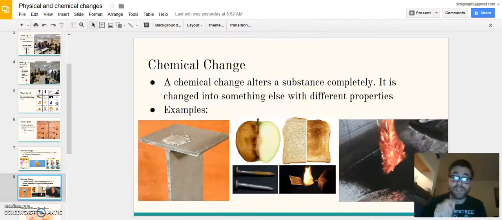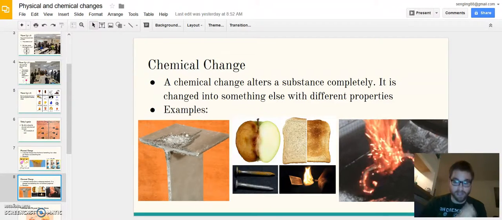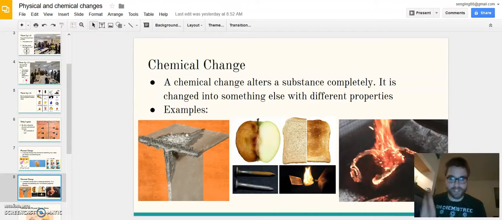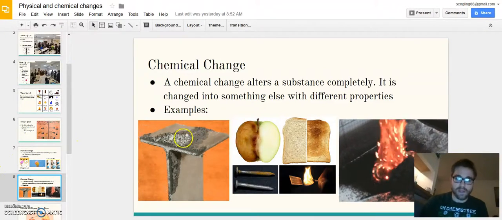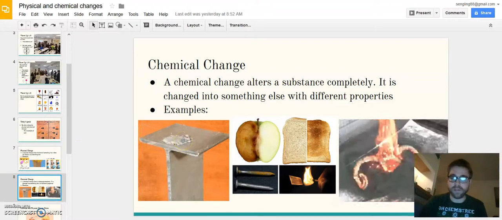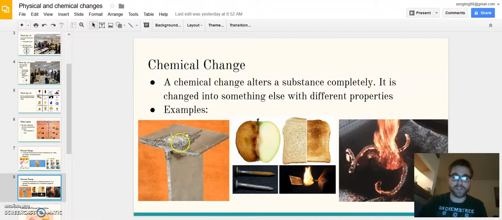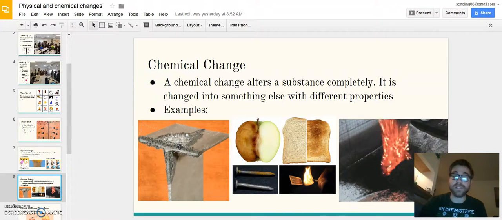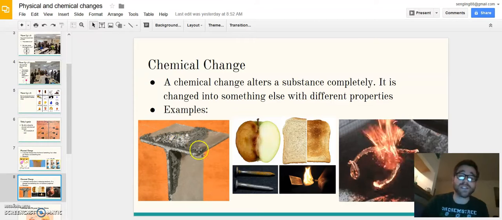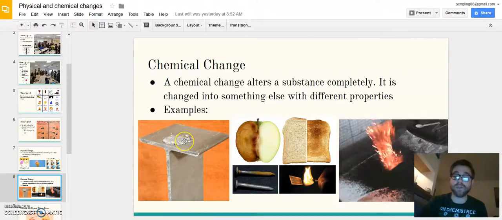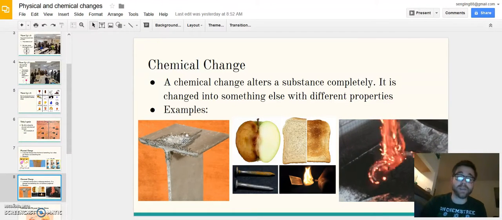A chemical change, on the other hand, looks different and it changes into something else. This aluminum here is reacting with mercury, so it's changing into something else, and you can see it become something else. You can see it change. It's not the same anymore. It's chemically reacting.